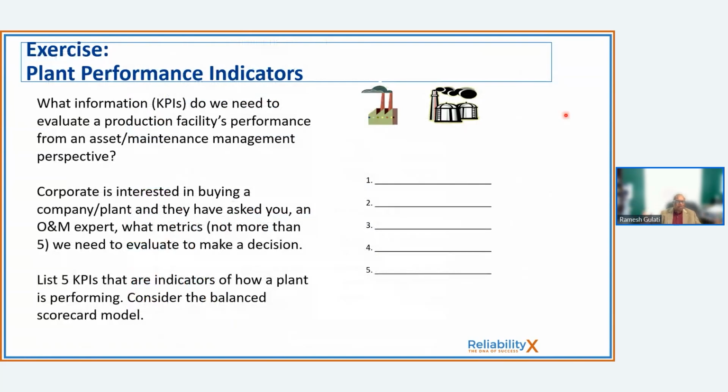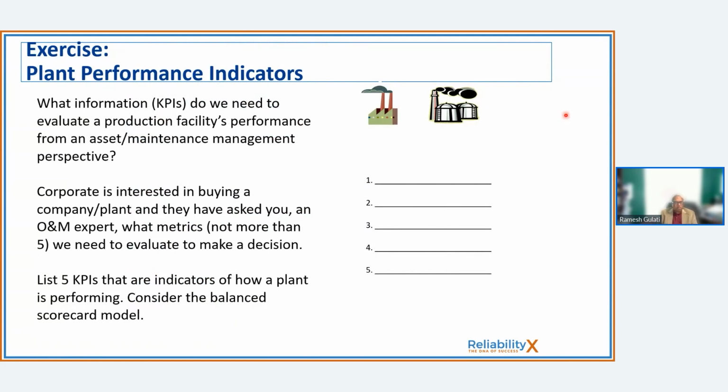As the maintenance reliability asset management expert in your company team, they're asking you to give them 5 metrics which tell them the health of the maintenance department of that plant they're trying to buy. They're not looking at the production side. What do you think are the right metrics which will tell them the health?